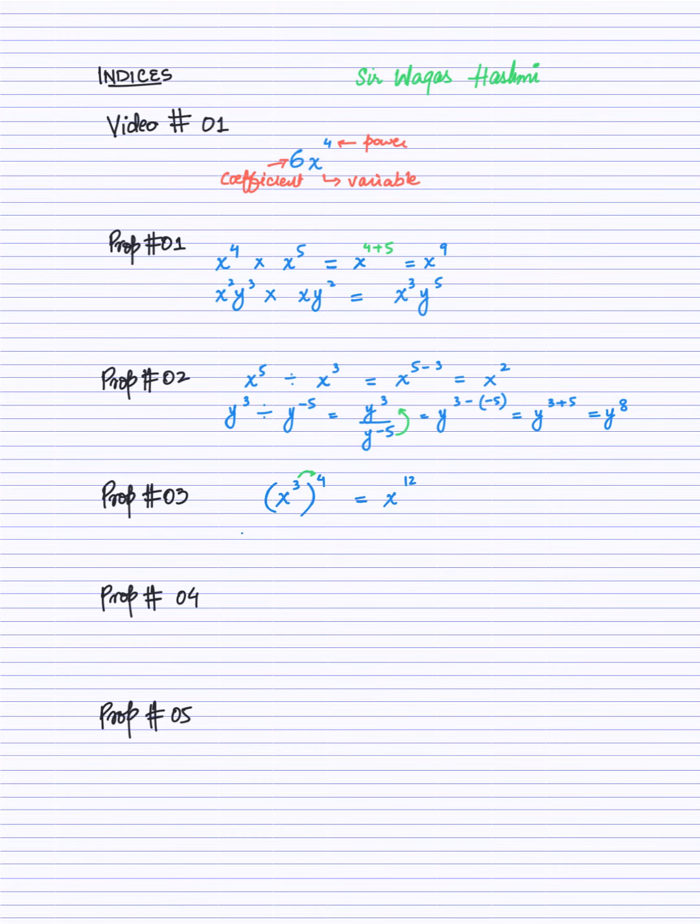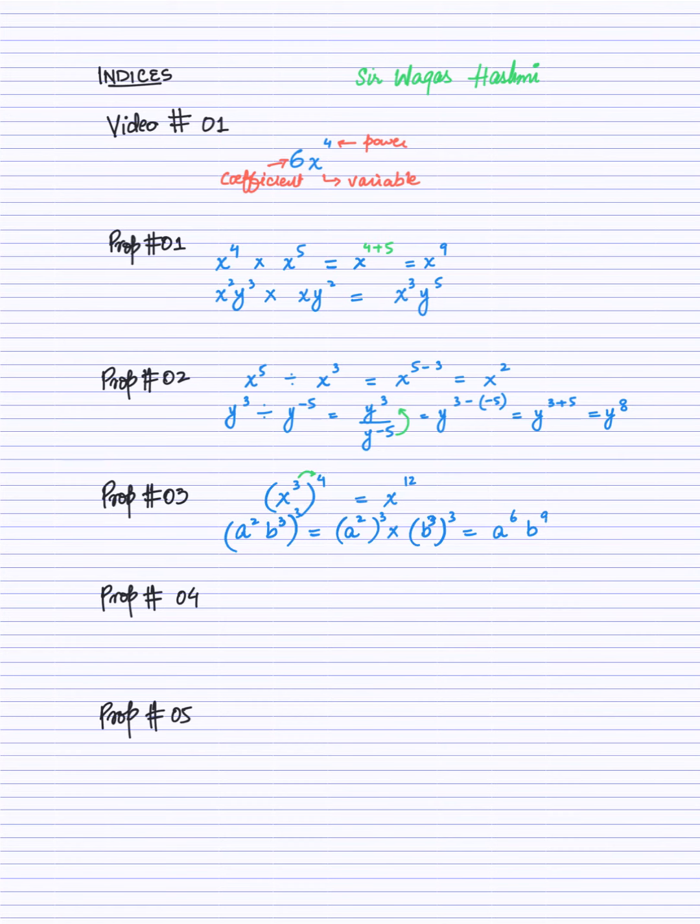Furthermore, if you have more than one variable in a bracket and there is a whole power, you can write it as a square with the power 3 on it and b cube with the power 3 on it. So it will be a to the power 6 and b to the power 9.